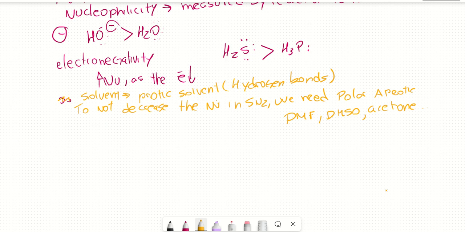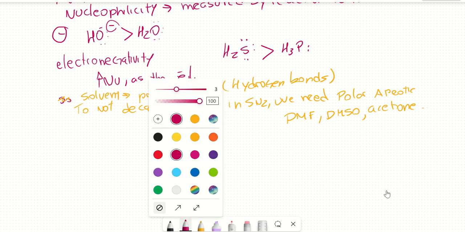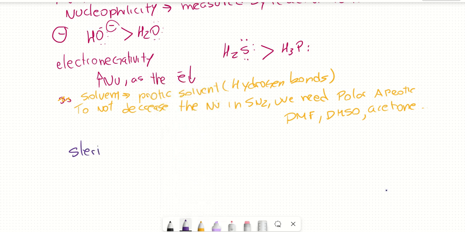So steric hindrance is when you have a bulky base or bulky nucleophile that decreases the capacity of the nucleophile to attack the substrate.